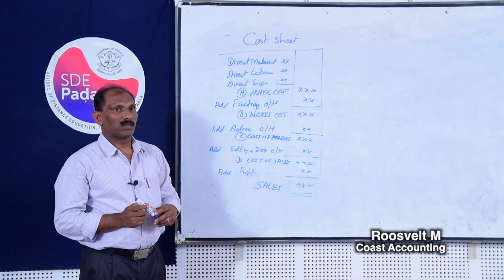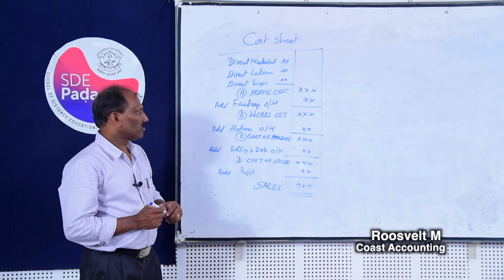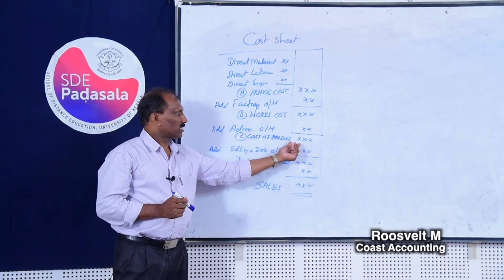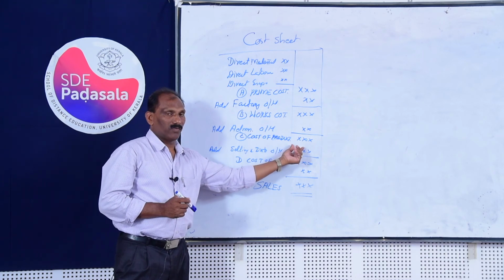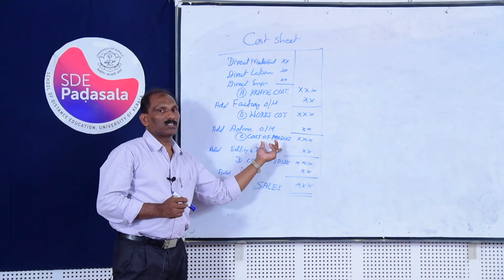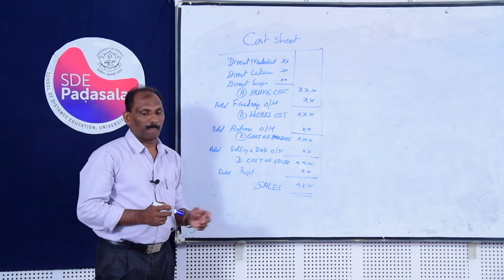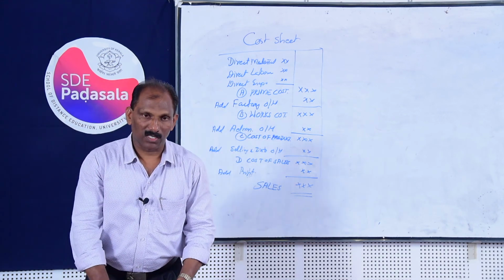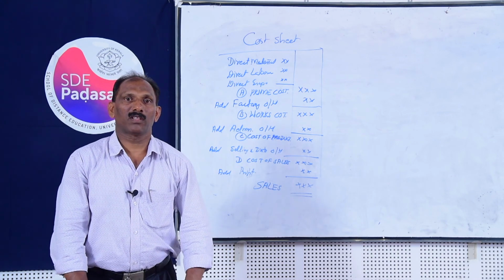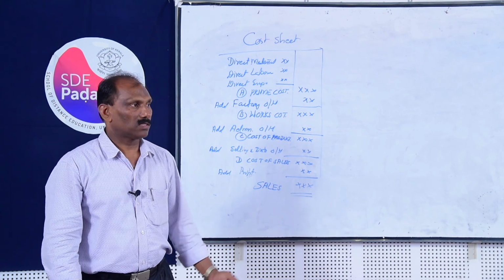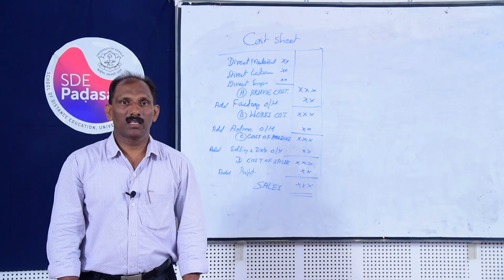If there is opening and closing stock of finished goods, after cost of production, we have to add opening stock of finished goods and deduct closing stock of finished goods. This is the format of the cost sheet. By using this, we can identify the total cost incurred for the production of a commodity. Generally, this format is used in job costing.